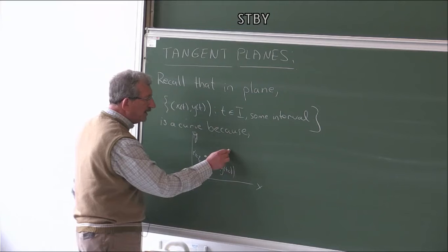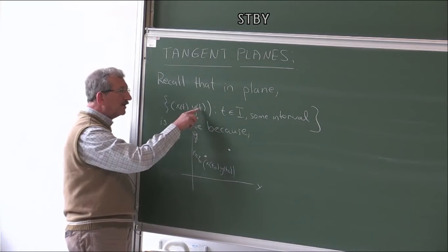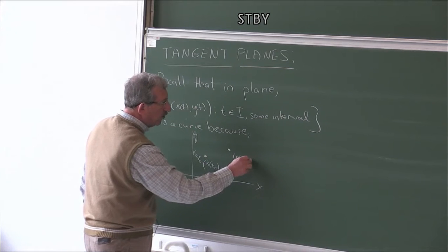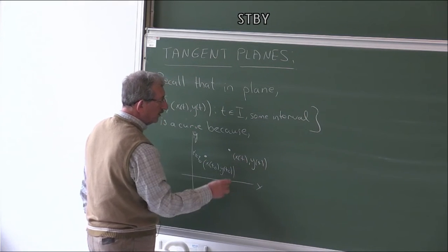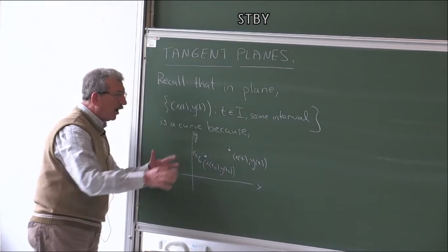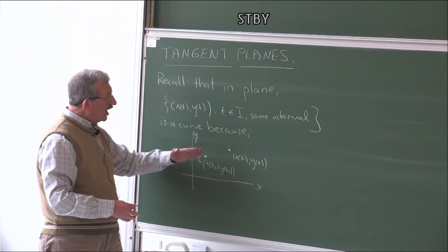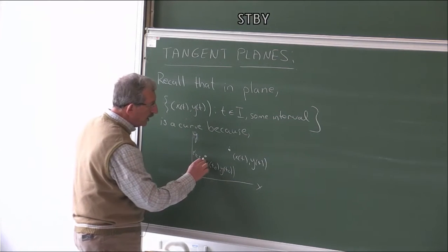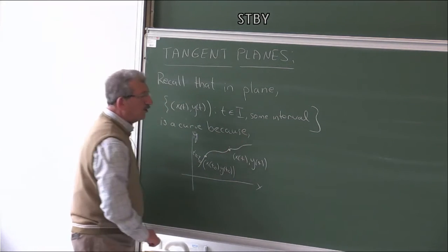Now if I change my t, I will get a different point, x of t, y of t. And this will go on. When t changes, I will get different points. So throughout, I will end up with a curve.